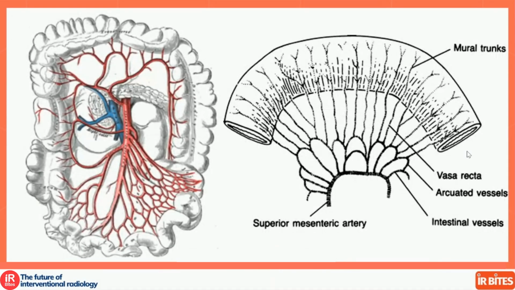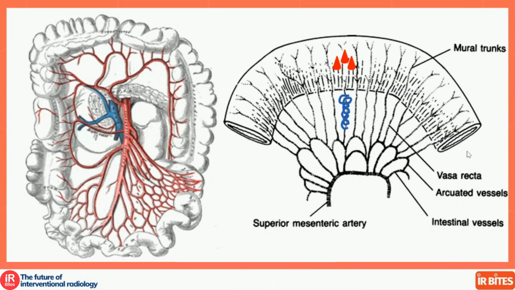So the other way that we can treat GI bleeding is to get into a selective branch. These images show the kind of lattice shape that gets formed to give loads of collateral supply, with the vasa recta going out to the bowel. In the image on the right here, we've got bleeding again, and this time we've embolized a single branch that is causing the bleeding.